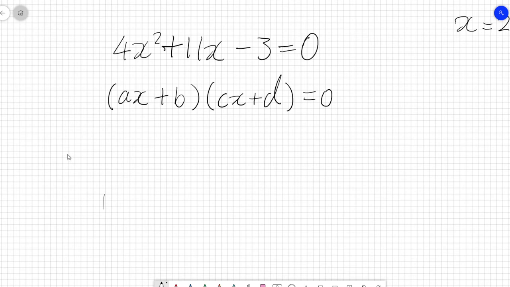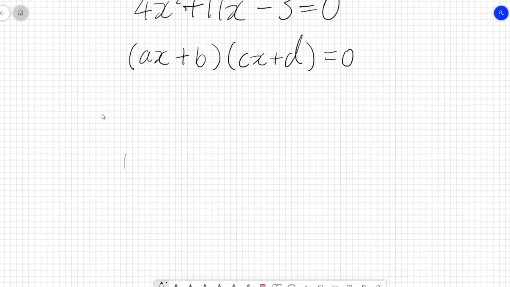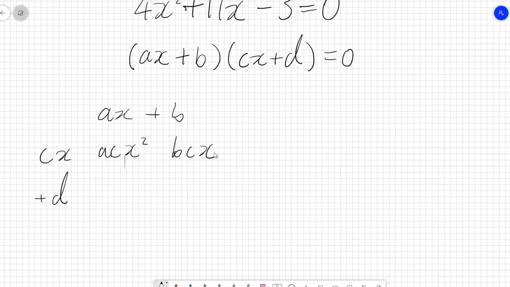Let's draw the array. It's always good to do it. So when we have ax plus b times cx plus d, obviously a times c is acx squared. Here is bcx. Here is adx and bd.